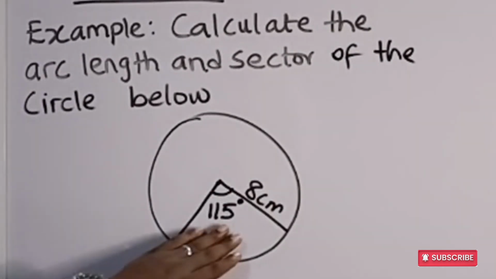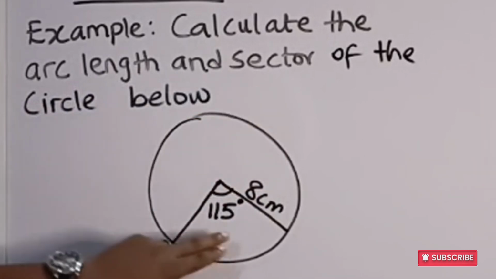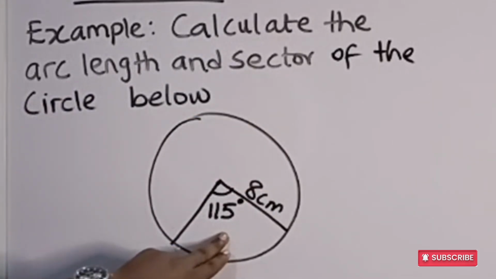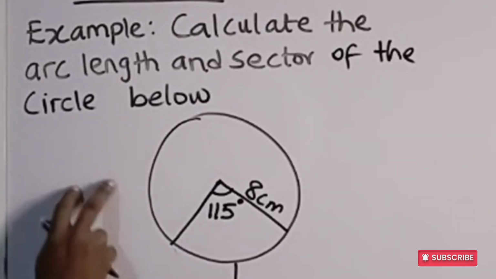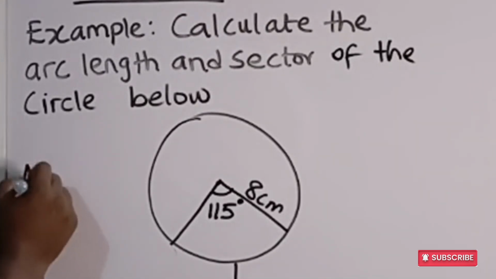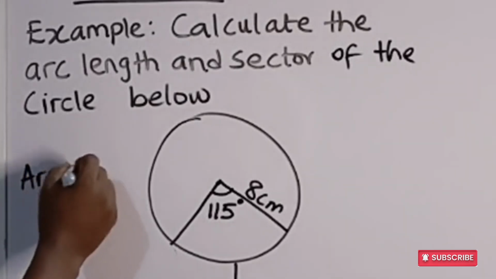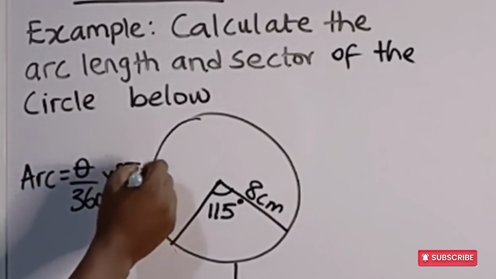So now we're expected to calculate the arc length and sector of the circle below. So we have this situation here. So let's calculate the arc length first. So I'm going to try to use this space. So the formula for arc length is equal to theta over 360 times 2 pi r.